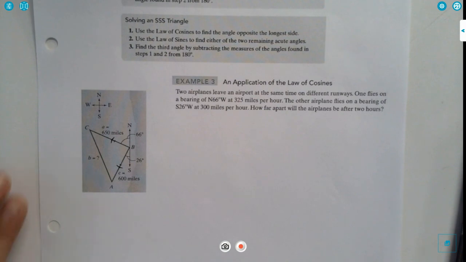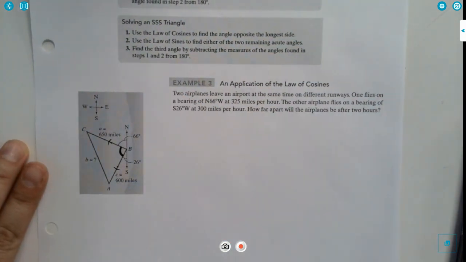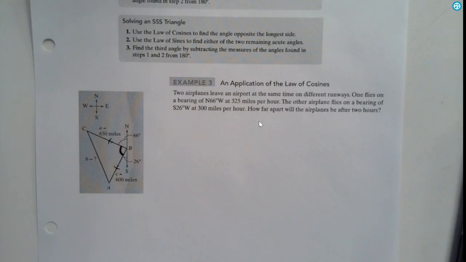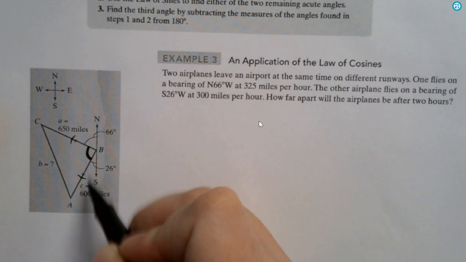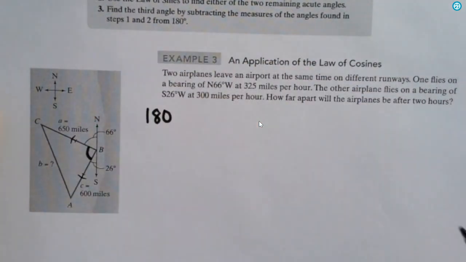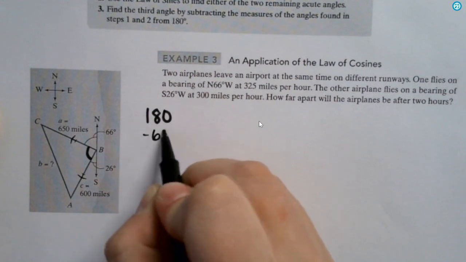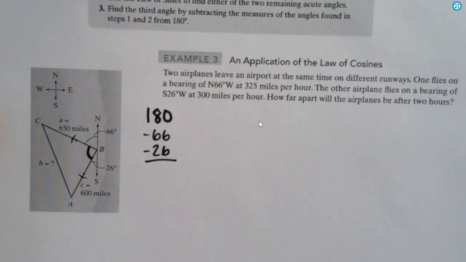So we need to first find this angle right here. So let me zoom in a little bit. This north-south line is 180 degrees. So we can do 180 minus that 66 minus that 26, and that'll give us what angle B is.